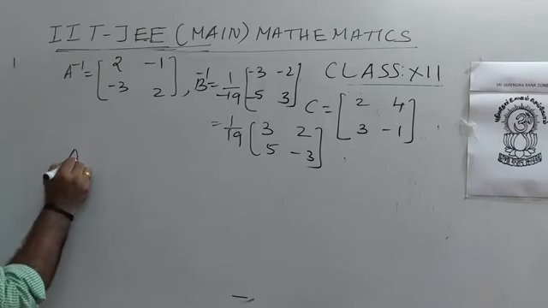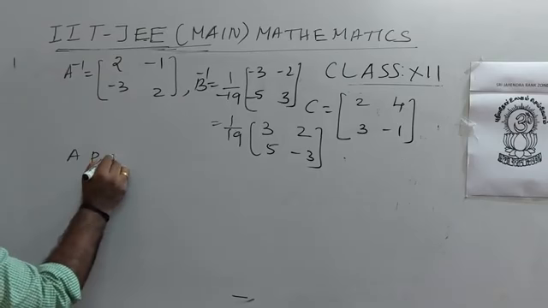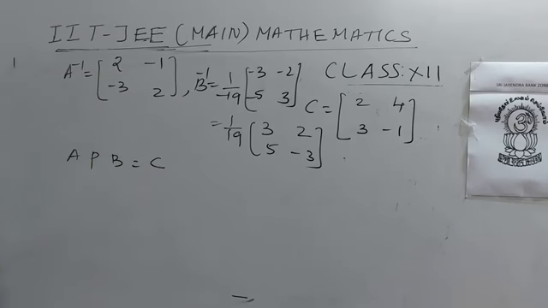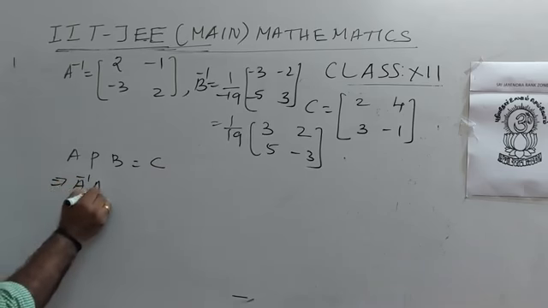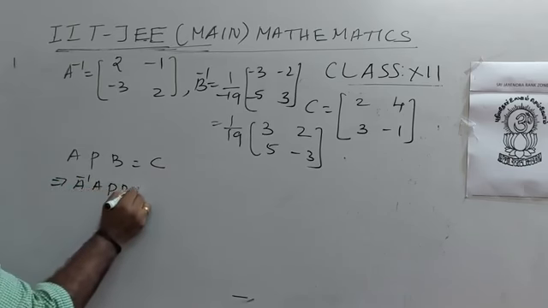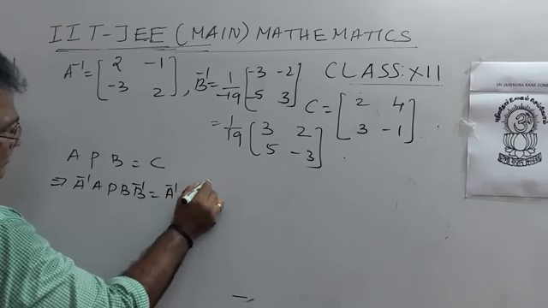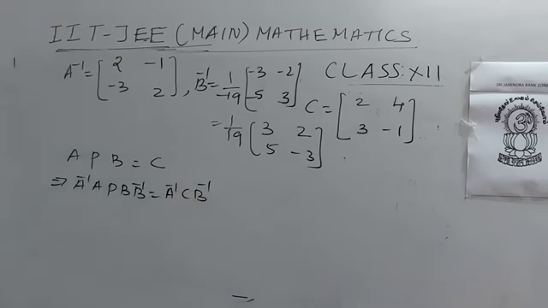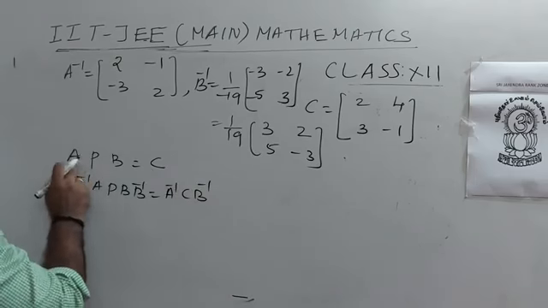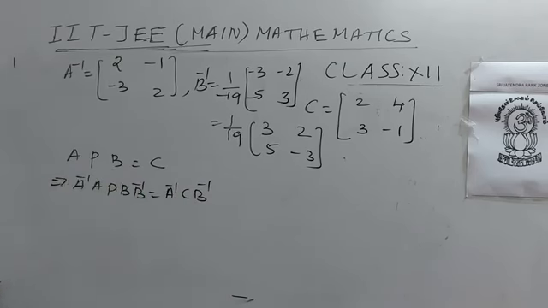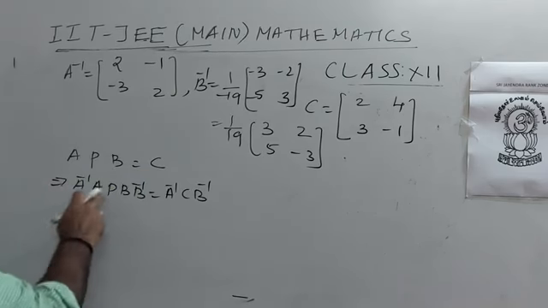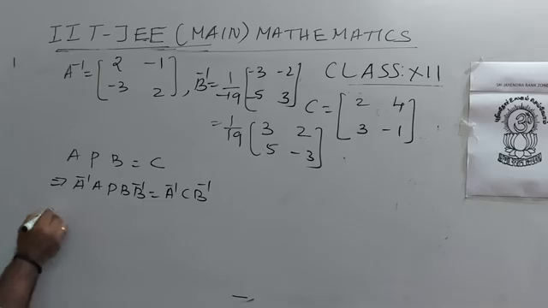So the given equation is like this: APB equals C, which implies A inverse A P B B inverse equals A inverse C B inverse. The given matrix equation is in the form of APB equals C. Since A inverse and B inverse exist, pre-multiply by A inverse and post-multiply by B inverse on both sides.